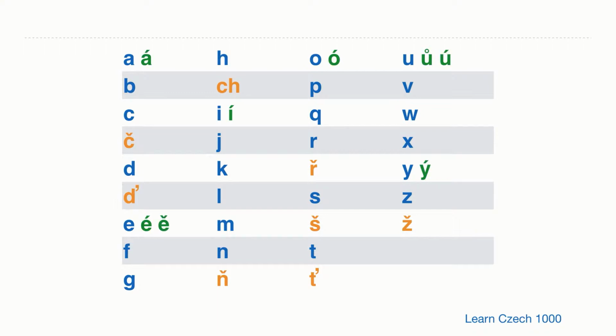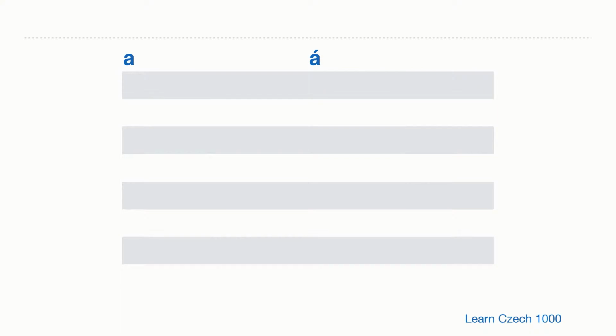In the Czech language we have some more letters which represent an extra sound. However, these green marked letters are not part of the alphabet. The first letter is A. There is a short version and a long version of this letter.